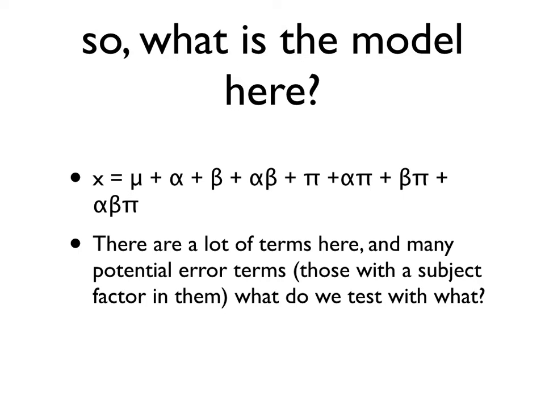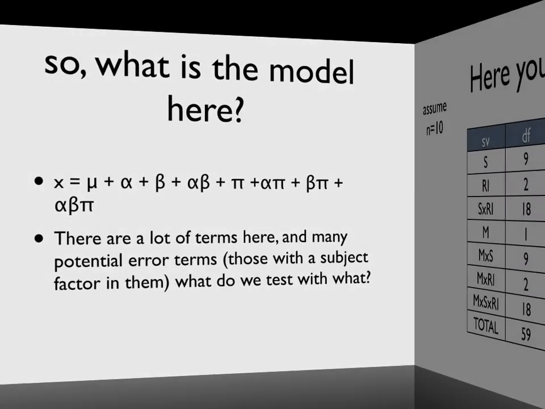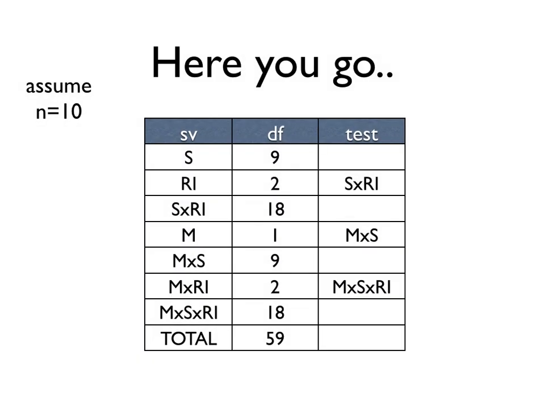So what do we test with what? What do we divide by what? Well, you certainly could work out all the expected values of the mean squares every time you do a design. You don't have to, but you could. Why would you do that? Well, because you don't know any better. It would look like this.